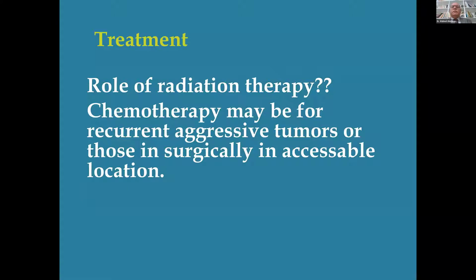So the treatment modalities: for any cystic lesion, is there any role for radiation therapy or even local injections? I think the radiation would change it into a sarcoma, so it is contraindicated. Chemotherapy may be used for recurrent aggressive tumors or those in surgically inaccessible locations.